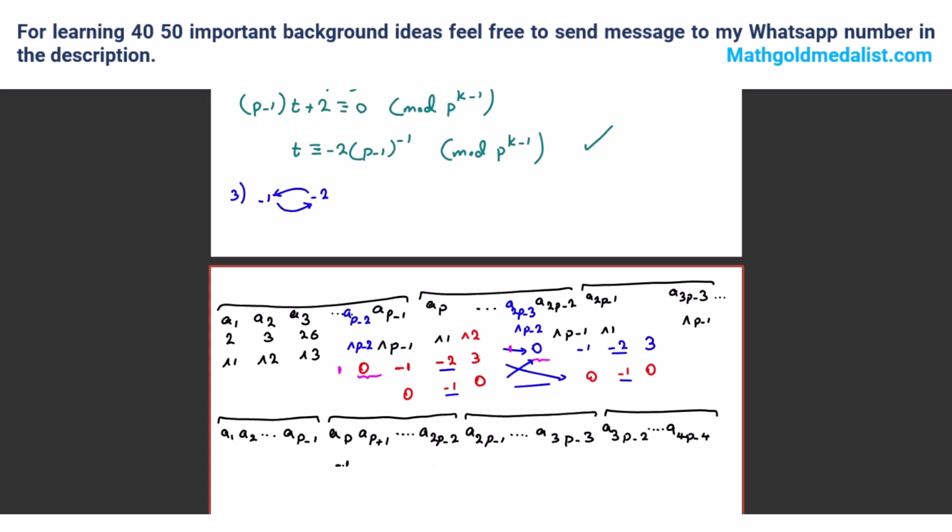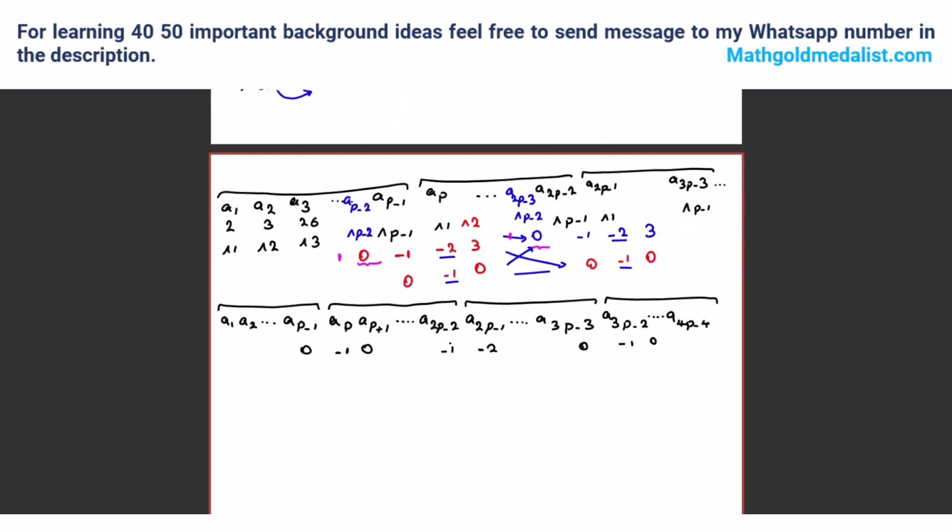Negative 1, 0, 0. Then it goes to negative 2. Before negative 2 is negative 1, and negative 2 goes to negative 1, again 0, 0. Okay, and so on. Again, negative 1 goes to negative 2, like this, negative 2 goes to negative 1. So we can say our period is this part.